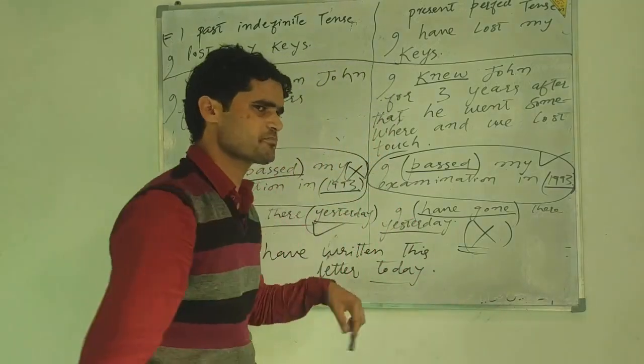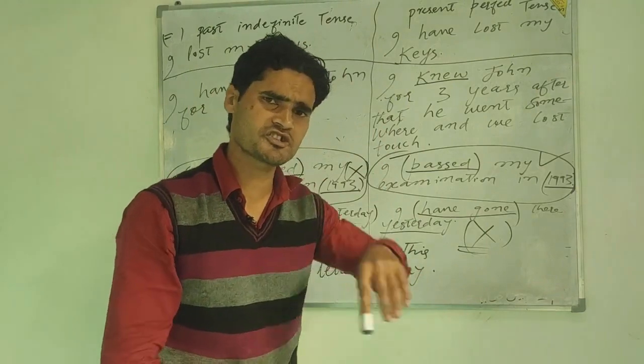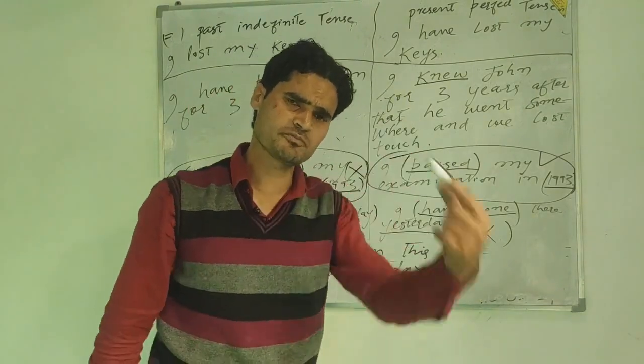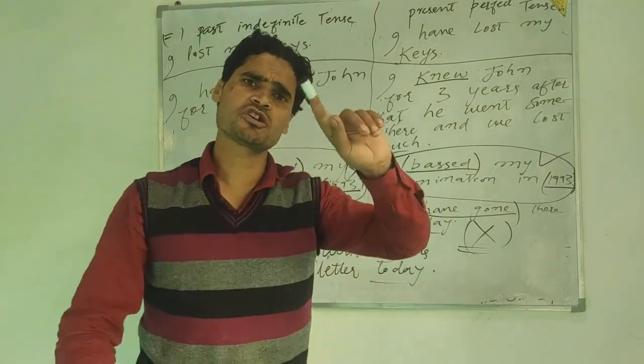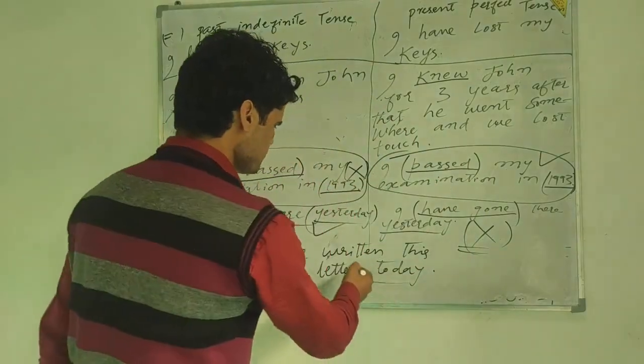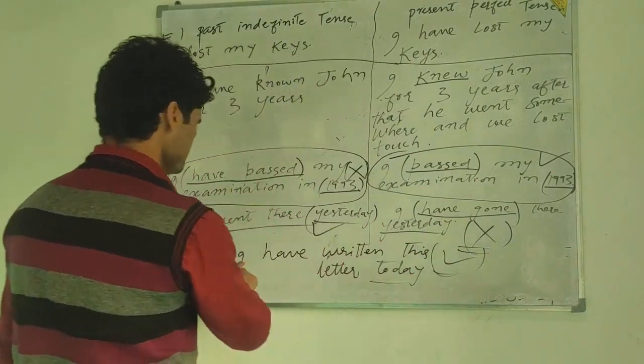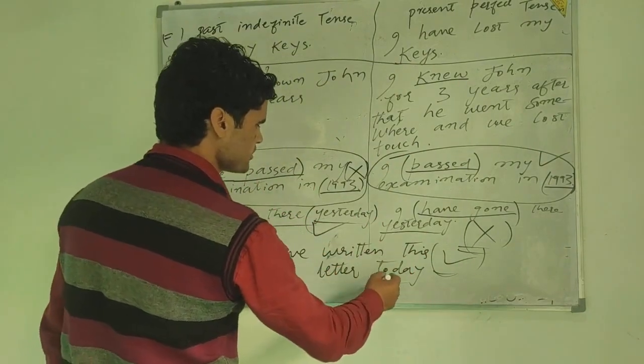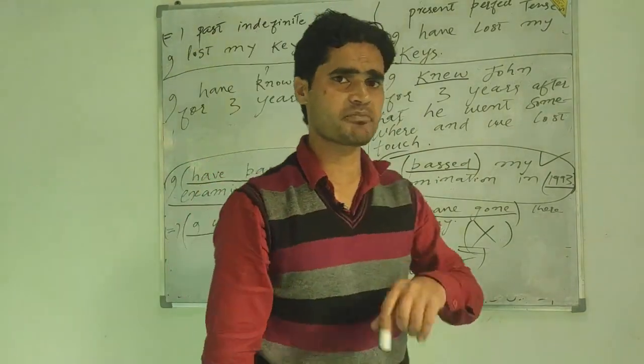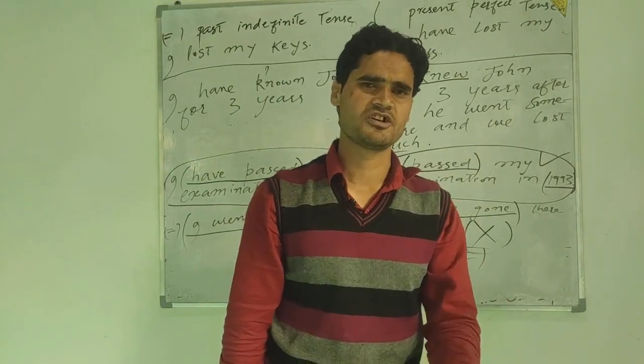Do you think today is a finished time period? No, it is still going. It is still in process. It still continues. That is why it is a 100% grammatically correct sentence. I have written this letter today. Here today does not refer to a finished time period.